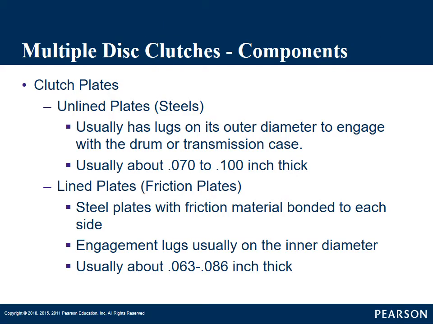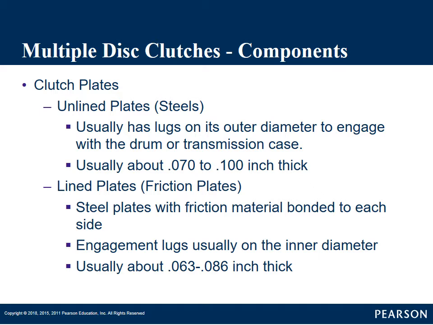If we're talking about clutch plates, we have our unlined and lined plates. Unlined plates are most commonly called steels or steel plates. These are flat plates, usually about 70 thousandths to 100 thousandths thick.